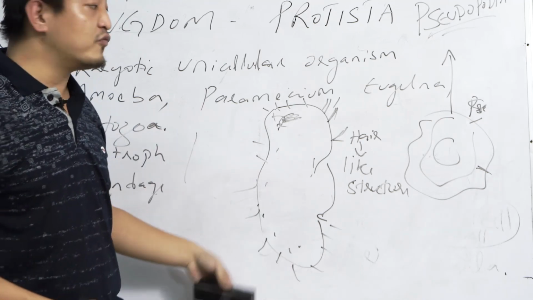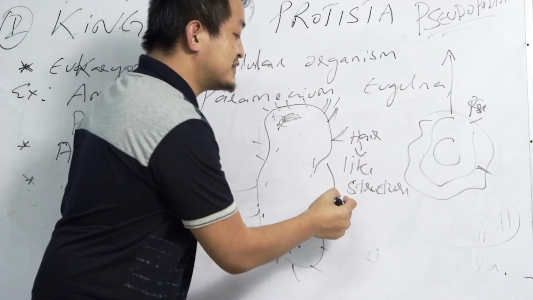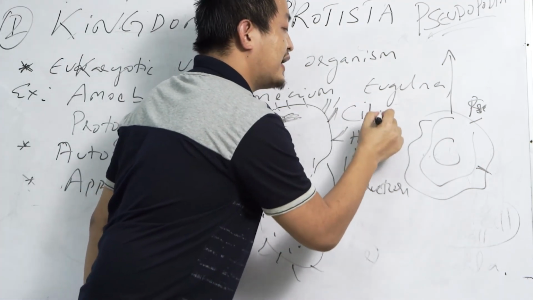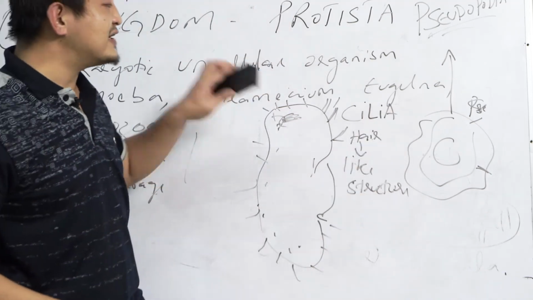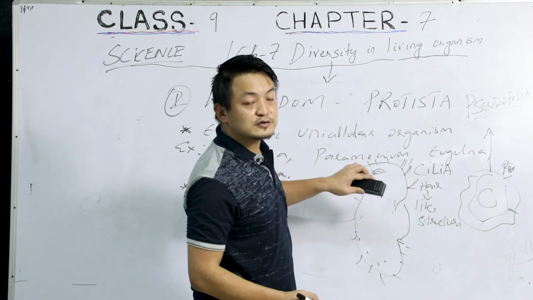For their movement, they utilize the hair-like structure, that is cilia, C-I-L-I-A. Because of the presence of this cilia, this organism is able to move.